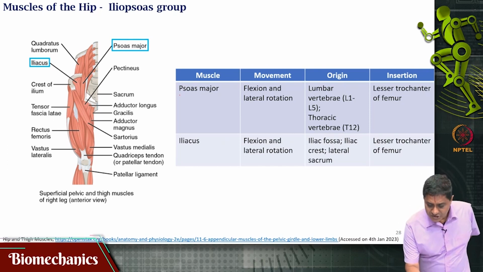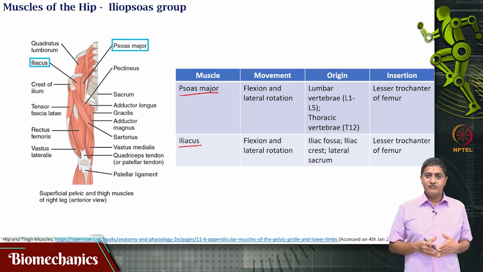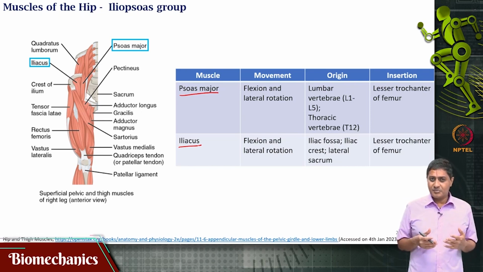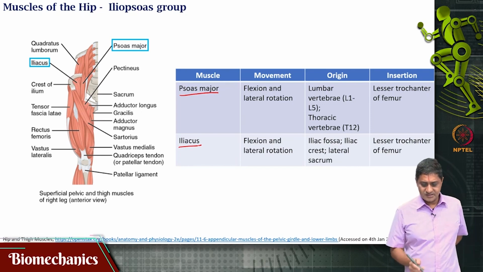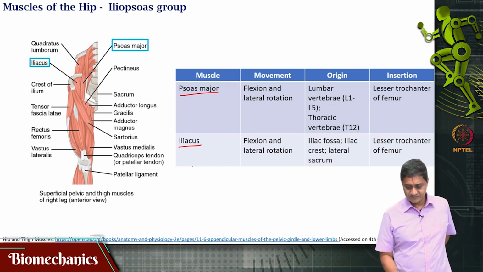The psoas major and iliacus together form what is called the iliopsoas group. The iliopsoas group comprises these two muscles: one is the psoas major and the other is the iliacus.